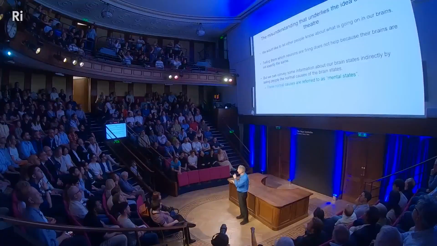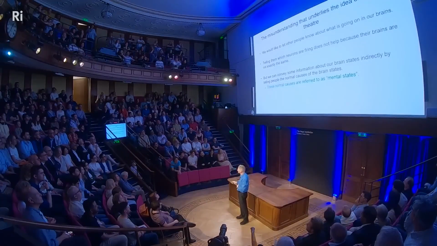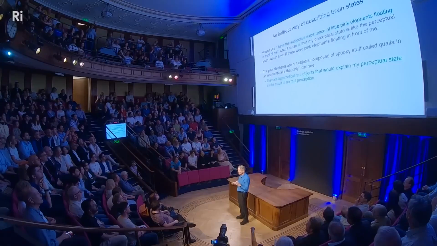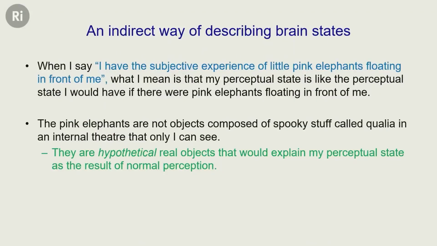At least that's the view I'm trying to persuade you to believe in. And I got ahead of my slides here because I got so carried away with this. Okay. So it's just an indirect way of me telling you about what's going on in my brain. Obviously, if I told you neuron 52 is firing, that wouldn't do you any good because in you it would be neuron 57.